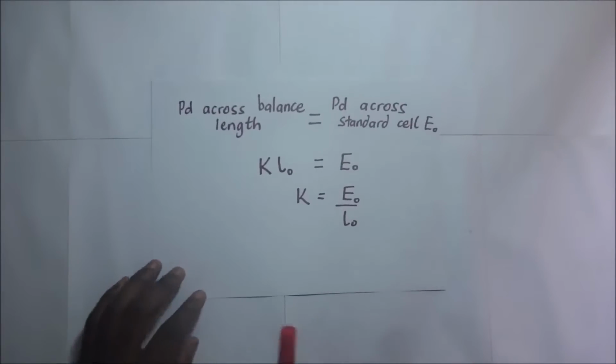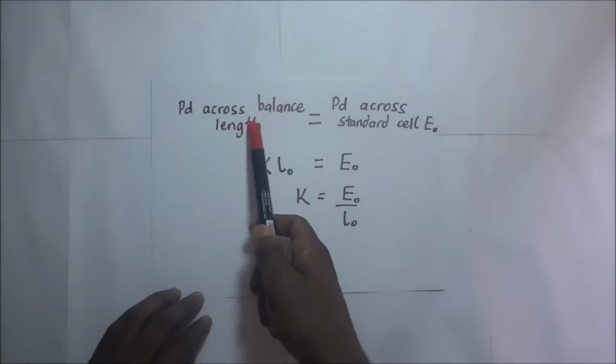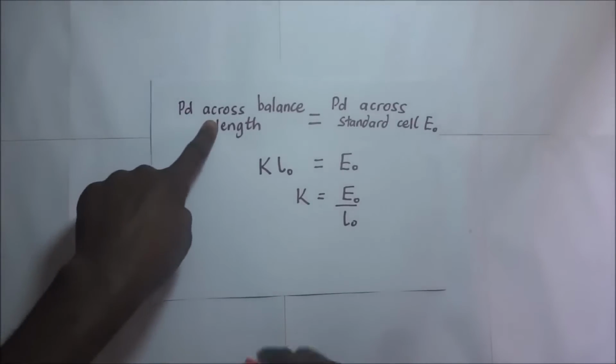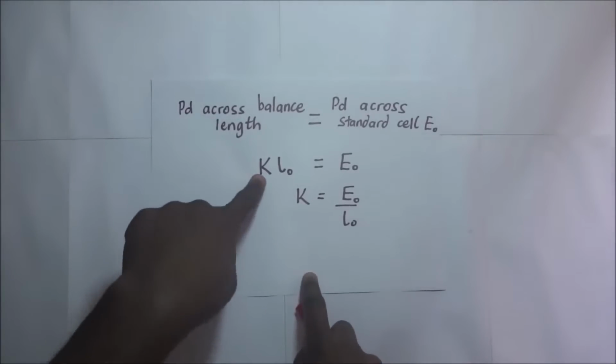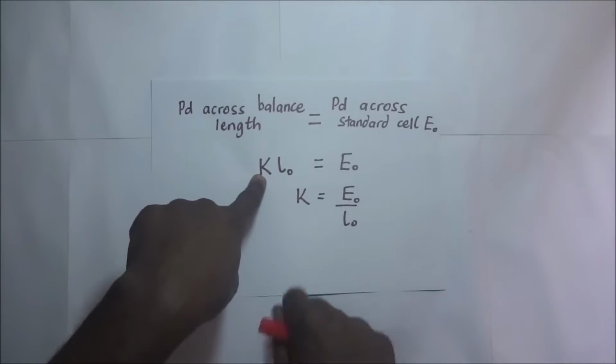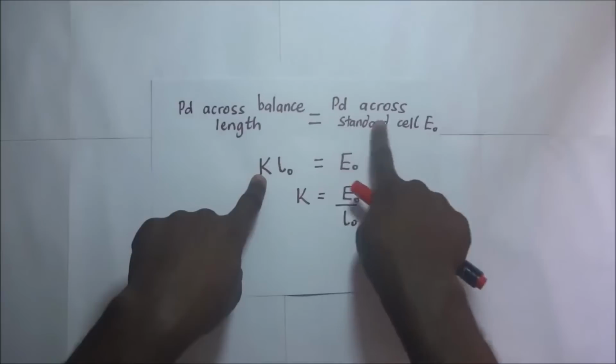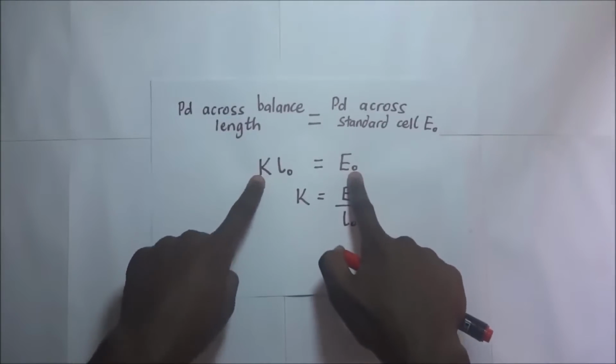So the potential difference across the balance length is equal to the potential difference across the standard cell E0. And we know that the potential difference across the balance length is going to be the PD per unit length, which we are calling K, times L0, is equal to E0, E0 being the PD across the standard cell.